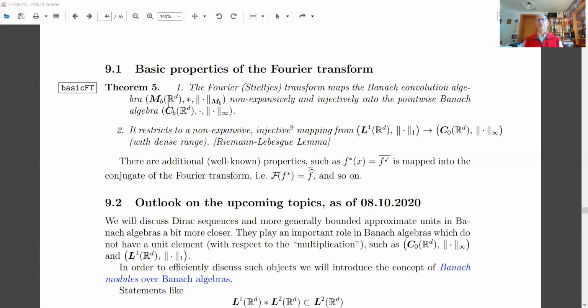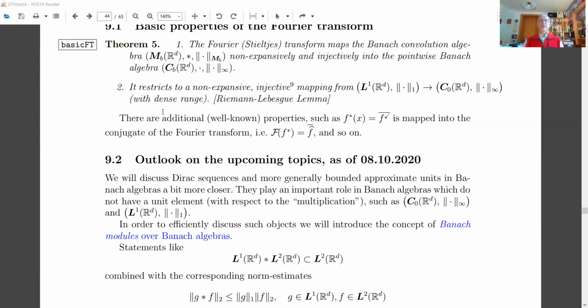So it's kind of like the almost nice elements of MB. Measure theory people would say it's the absolutely continuous measures, as opposed to the discrete measures in a way. And they have this extra property that the Fourier transform is not only bounded and continuous, but it vanishes at infinity. So we will discuss this in a moment.